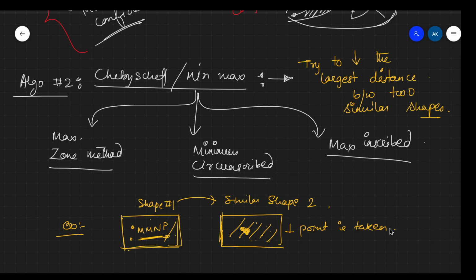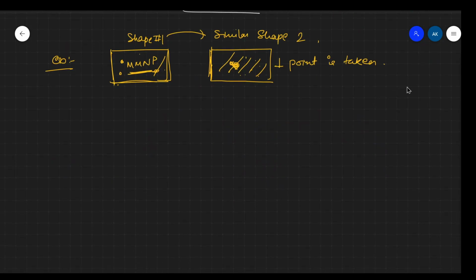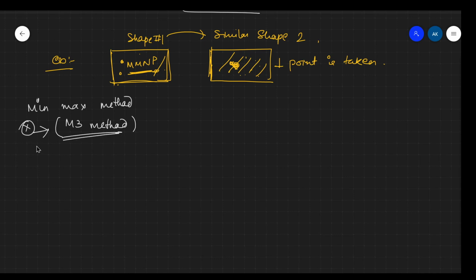Now, it also minimizes the error. Our min-max method. Not many people use this, it is a very wrong nomenclature, but I will write the M3 method over here. This is not used in any industries, just for our understanding we will use it right now. So this M3 method, what does it do?